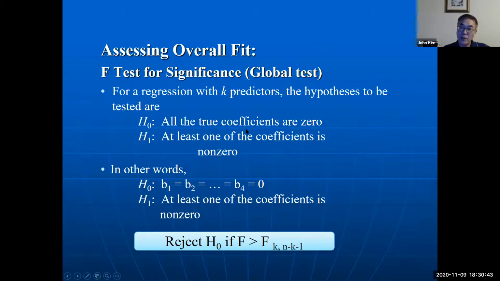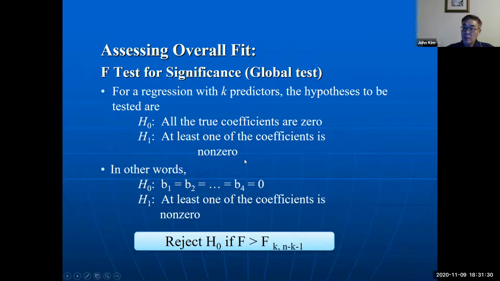So after we do this global test, if the test result is reject the null hypothesis, then the equation works. If the test result is do not reject the null hypothesis, that means the null hypothesis is true, and in that case the equation we developed doesn't work.